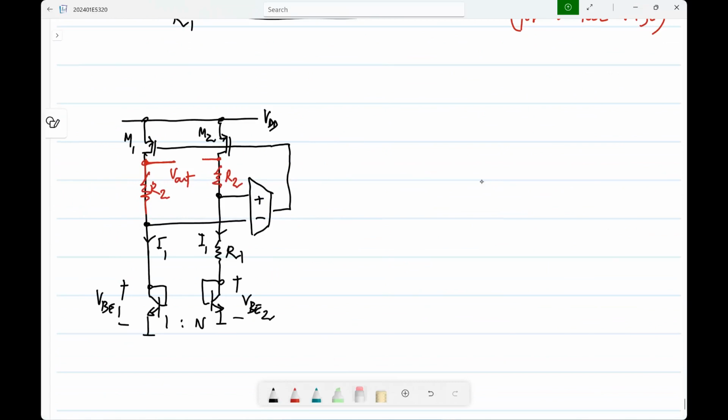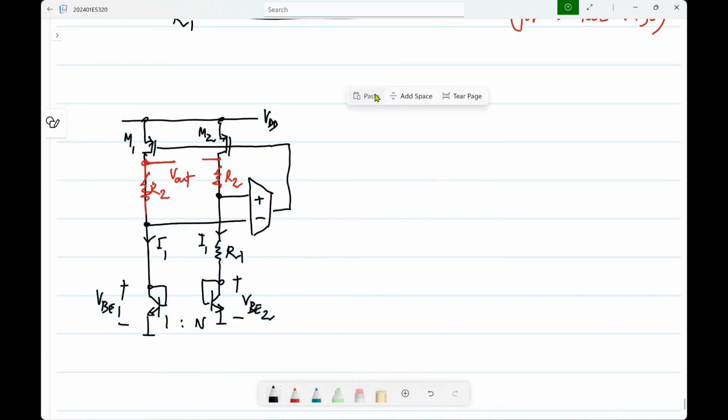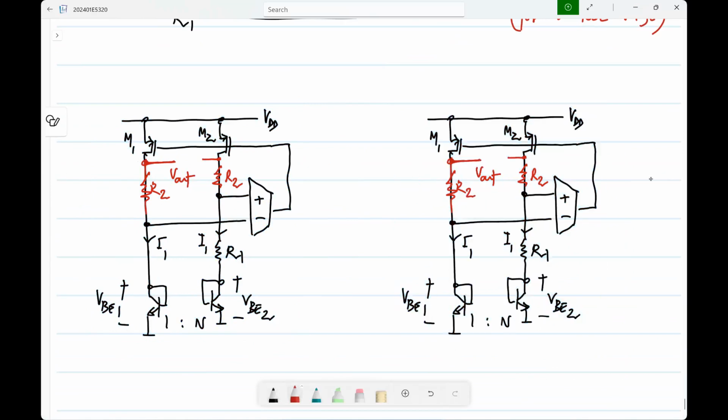What's the voltage? I mean, why did we put R2 in the first place? It's the same as the drain of M1, which is the reference voltage. So actually, in another variant, you can just connect these two together. So this is V out and this is also at V out, and you can just connect these two together.